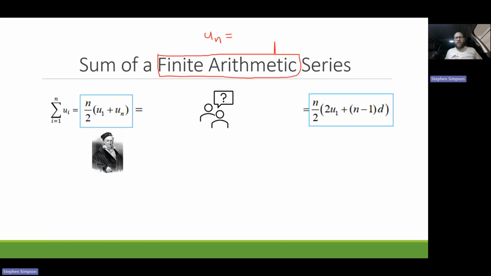And I'm going to give you a reminder of the general term formula for an arithmetic series. You start with the first term, then you add d, but you add it n minus 1 times. Like that. So that is the general term formula for a specific term.